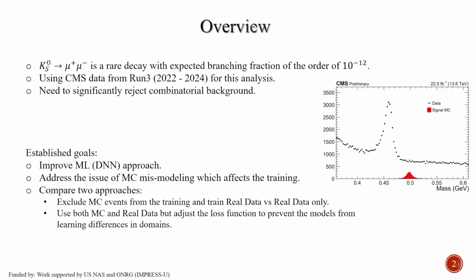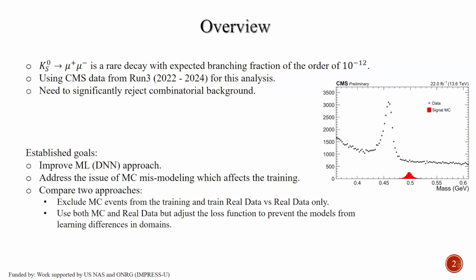Our project is built around the CMS short-term mu analysis, and in order to increase sensitivity for this insanely rare decay, we need to significantly reject combinatorial background. In order to do that, we started using machine learning, and so far we trained some simple, straightforward models which were using signal events from Monte Carlo simulation against combinatorial background events from real data.